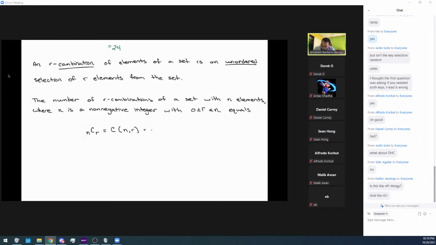This is equal to another ratio, n factorial over the difference of n and r factorial. But the biggest, so it looks very similar to that of the permutation. The difference is on the denominator, you also have r factorial.